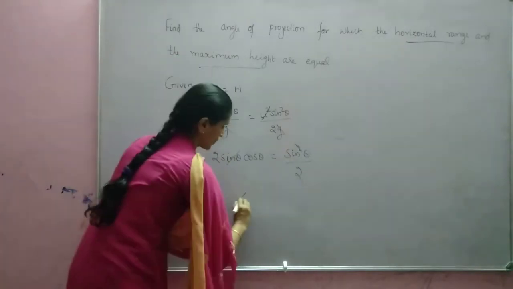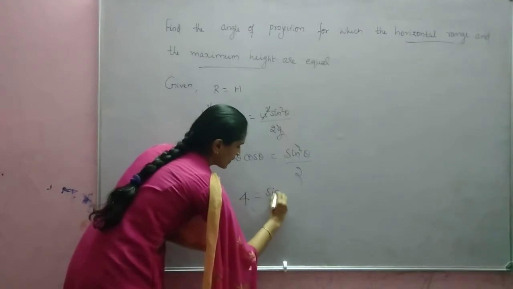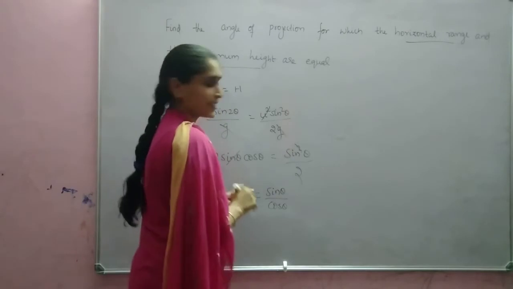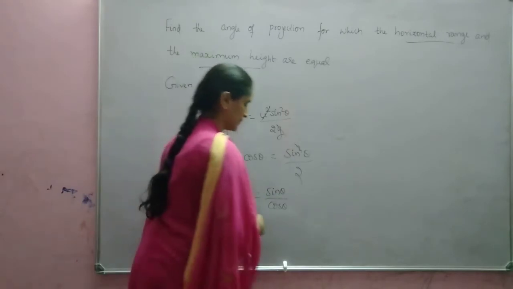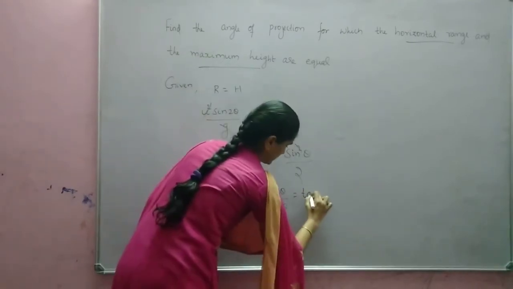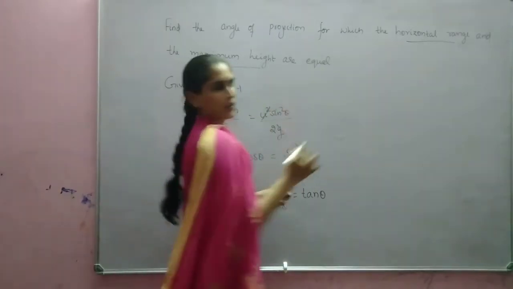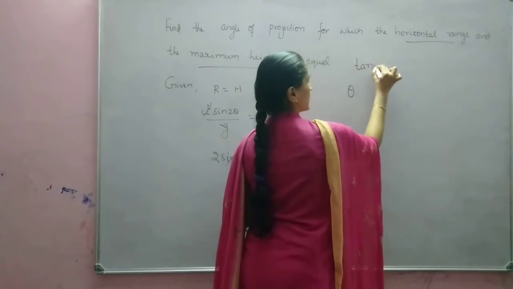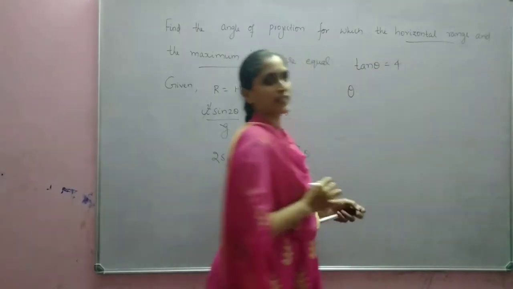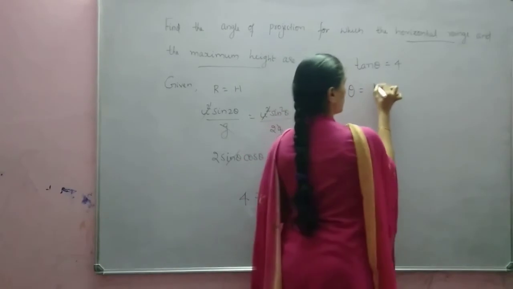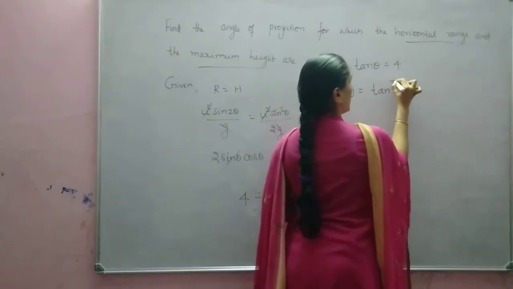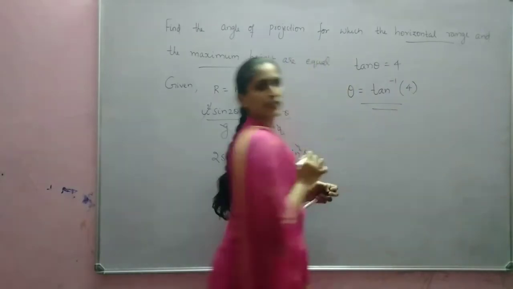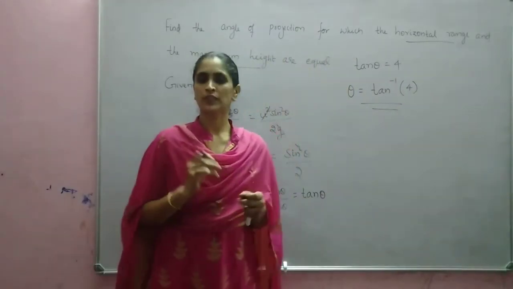So what you will get? 4 is equal to sine theta by cos theta, or we can write tan theta is equal to 4. Next step, theta is equal to tan inverse 4. Okay. Is it clear? Understood, no? Now we will discuss the next problem.